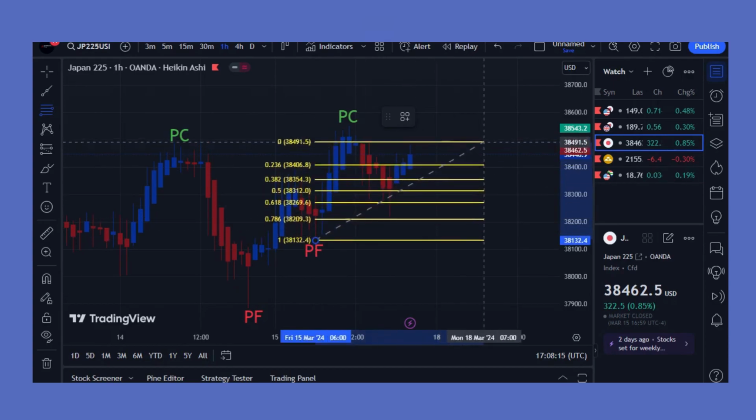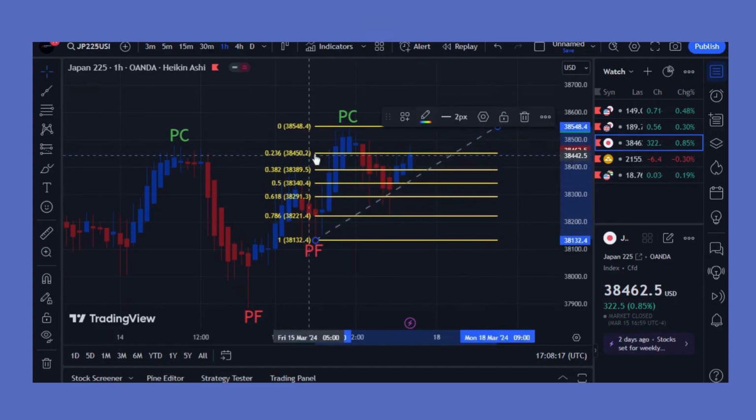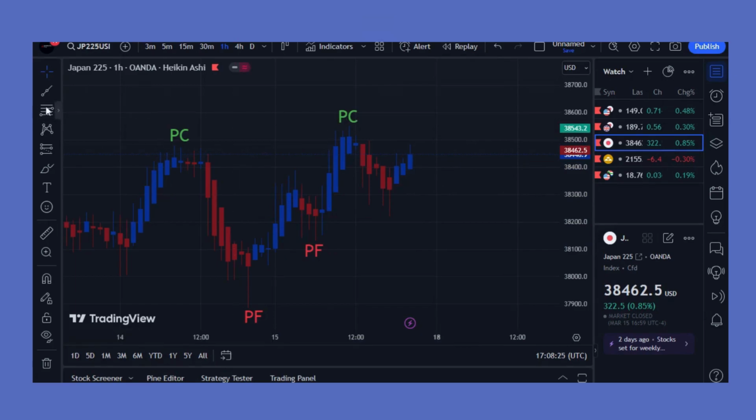Fibonacci: price has gone up, down, went to key levels of the Fibonacci zone and is currently moving in the upward direction.